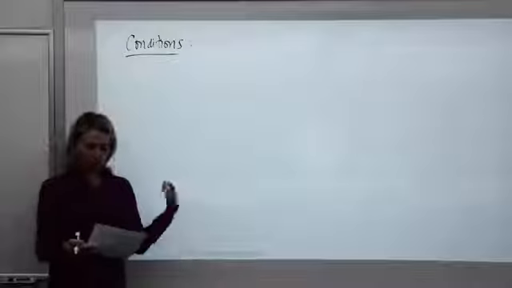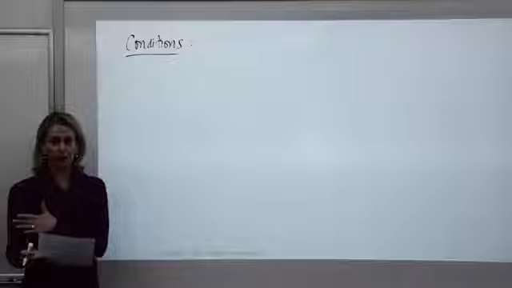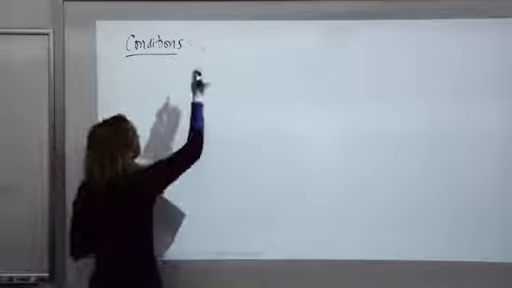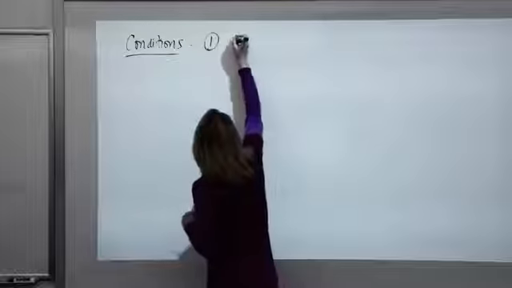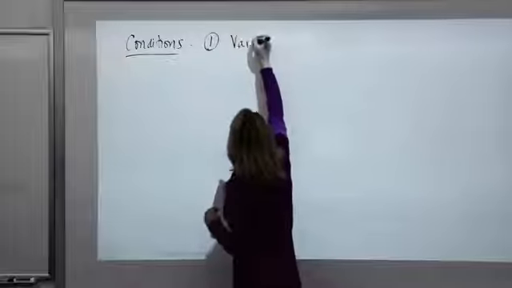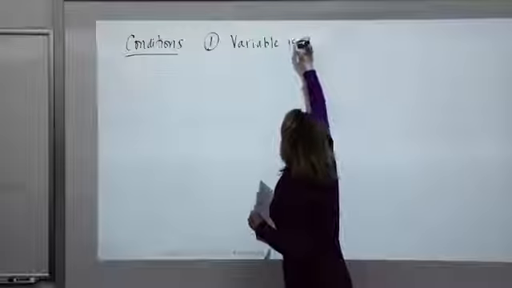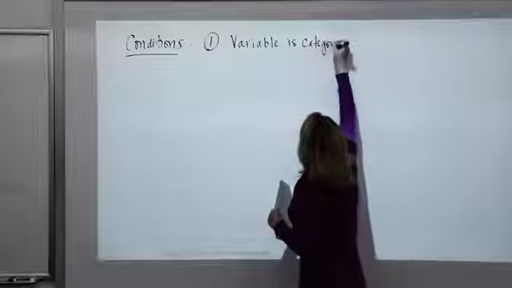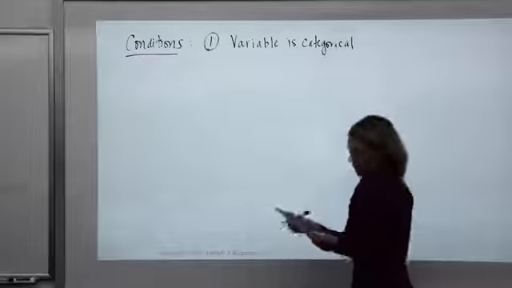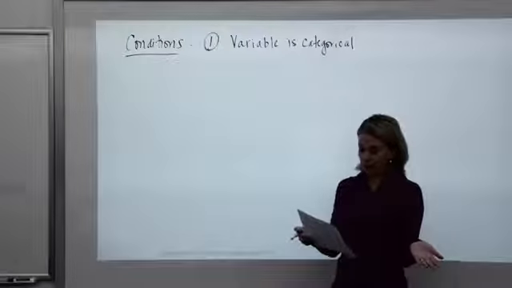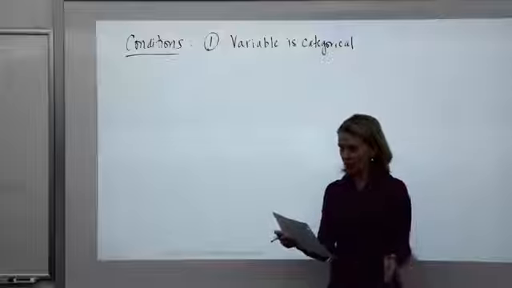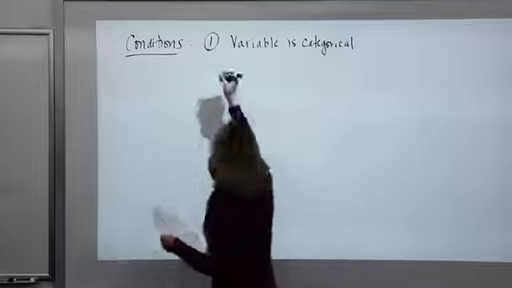Your variable has to be categorical. So you're either a compulsive gambler or you're not a compulsive gambler. So that's categorical. So I'll just say variable is categorical. You need to have a random sample, and it does say that we take a random sample of 1,200 adults.